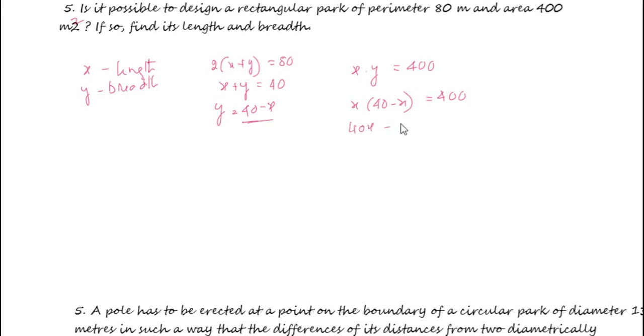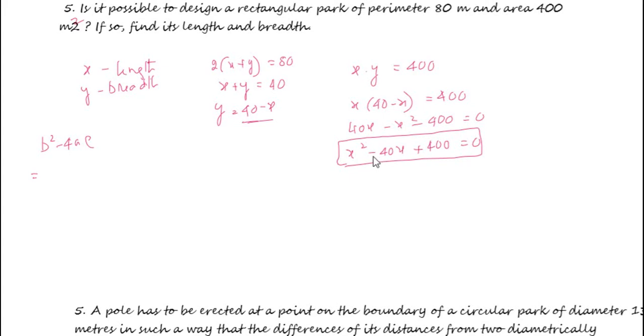40x minus x square minus 400 equal to 0, or multiplying by minus 1, x square minus 40x plus 400 equal to 0. This is the quadratic equation which we need to solve. Let us find the value of the discriminant, that is b square minus 4ac.